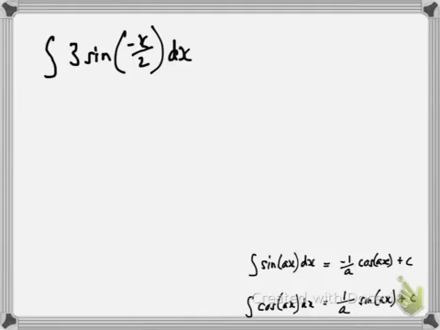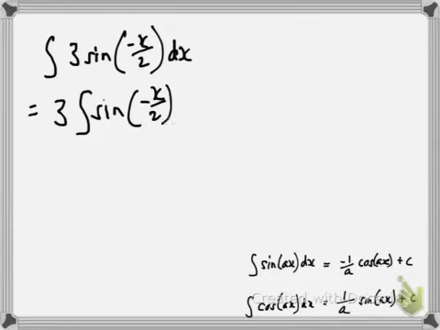Next example: always put those numbers out the front. So just rewrite the question with 3 out the front of the integral sign. Equals 3 multiplied by the coefficient of x.